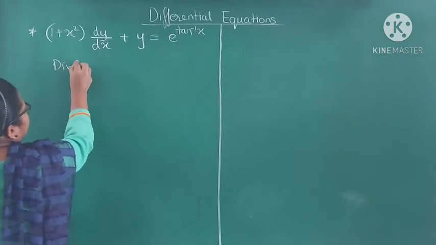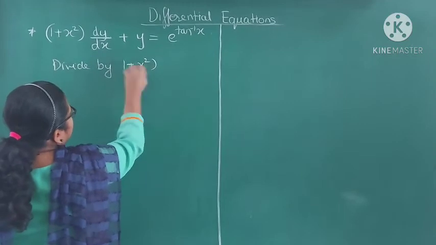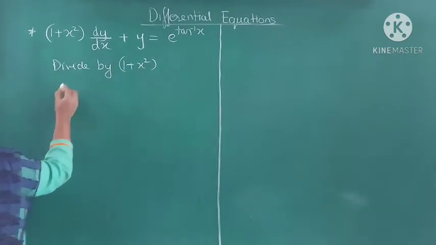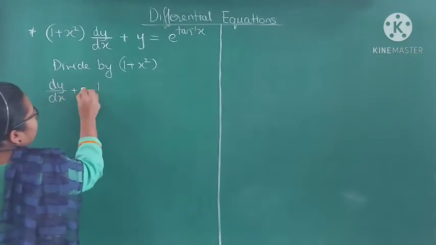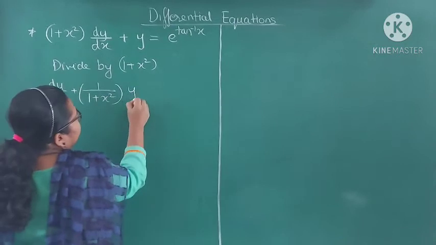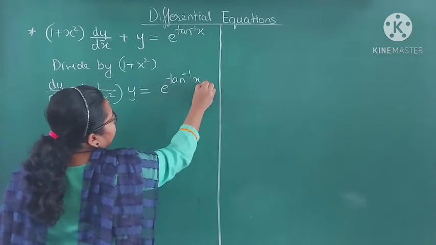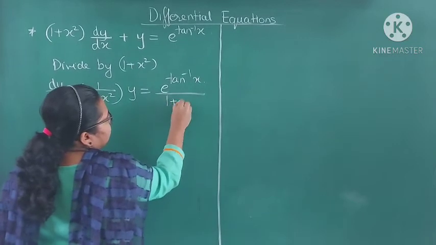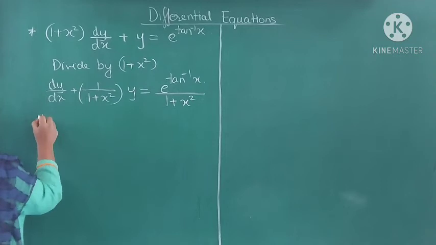When you divide, this will become dy by dx plus 1 upon 1 plus x square into y equal to e raised to tan inverse x upon 1 plus x square. Yes.